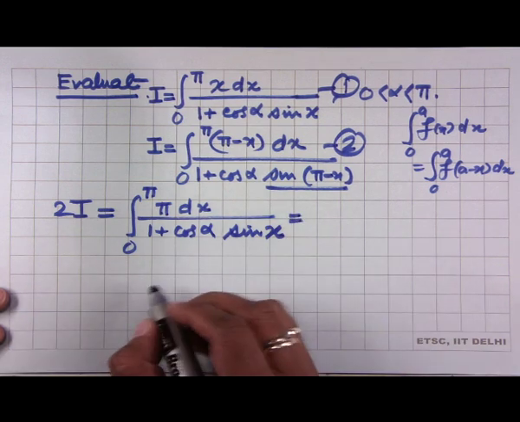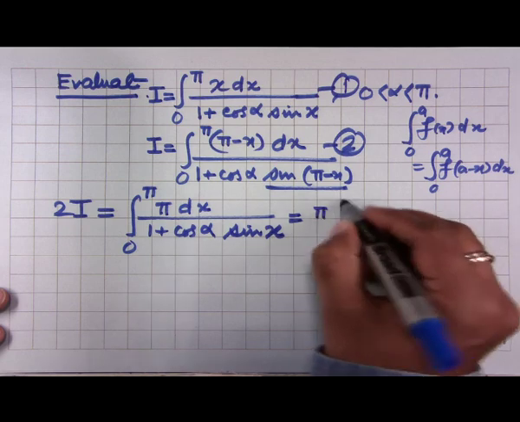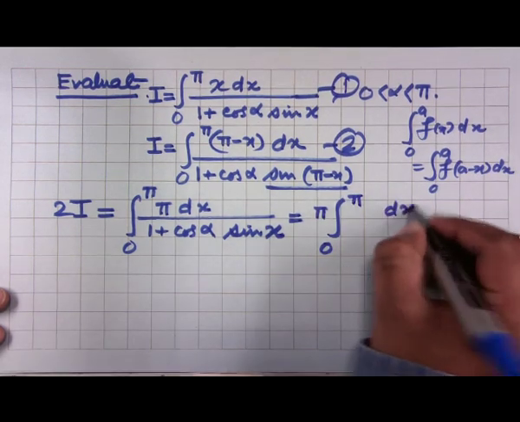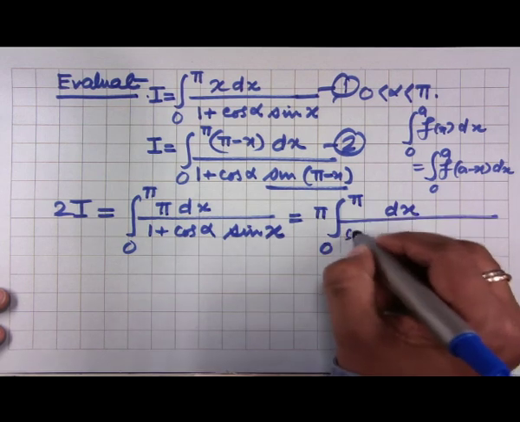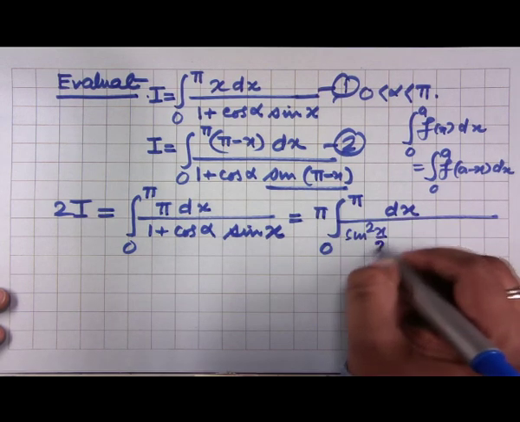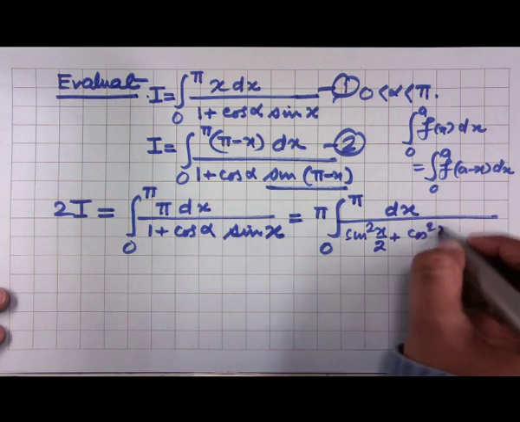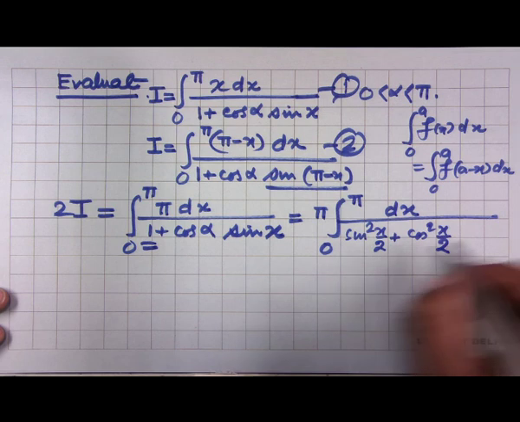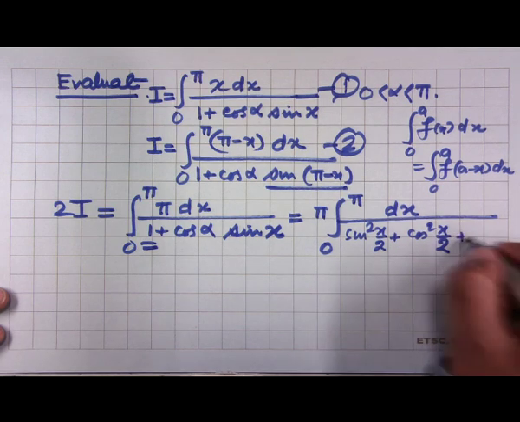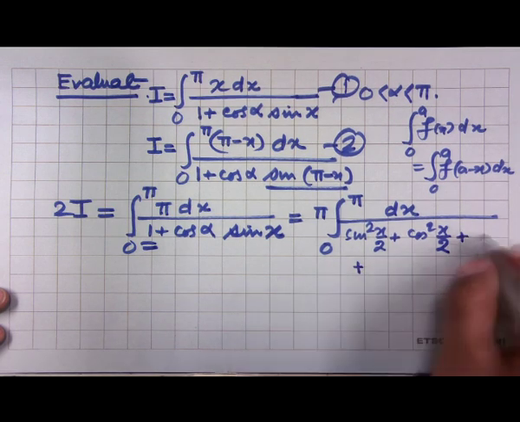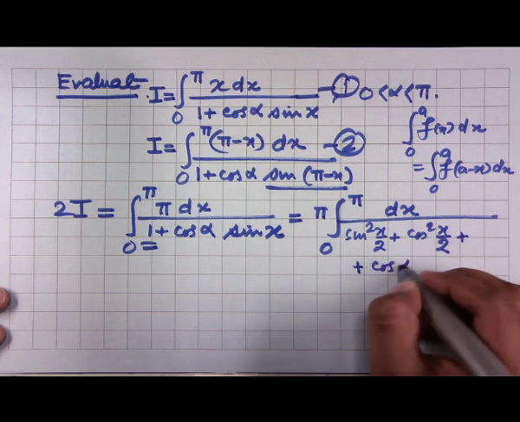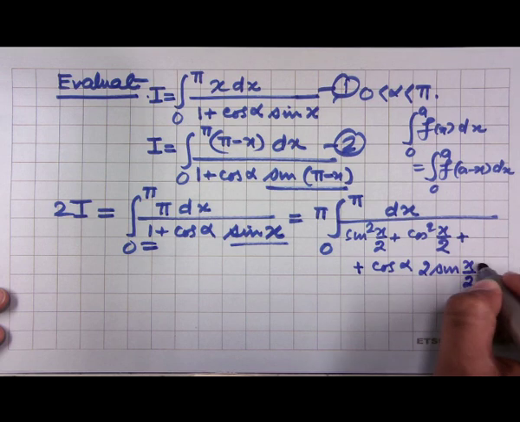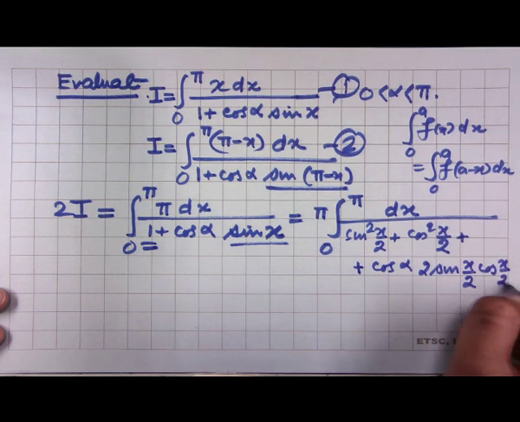which we can write as pi, 0 to pi, dx by sin square x by 2 plus cos square x by 2. 1 you can replace by sin square x by 2 plus cos square x by 2, plus, let me write it here, cos alpha, and sin x you can expand to 2 sin x by 2 cos x by 2.